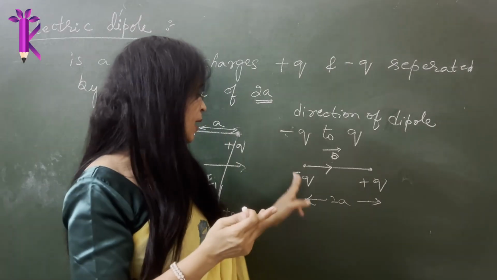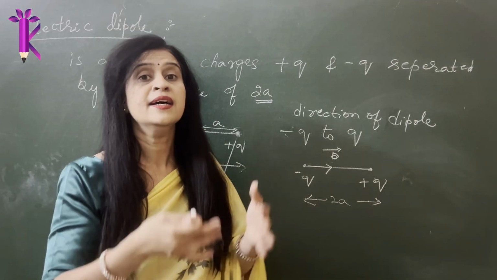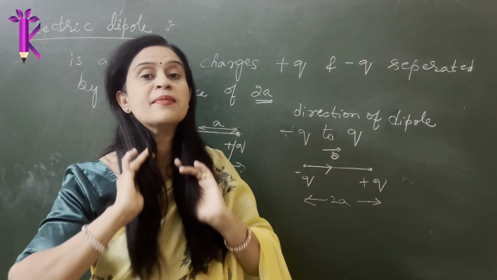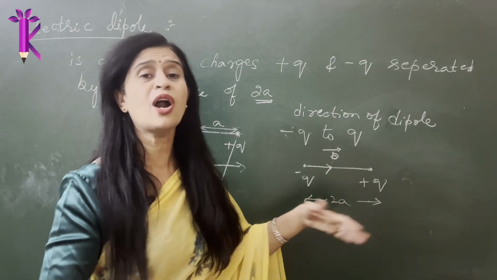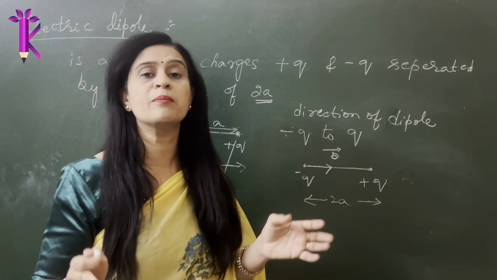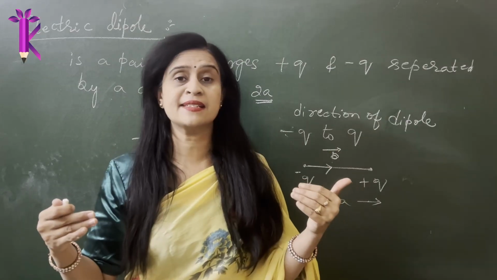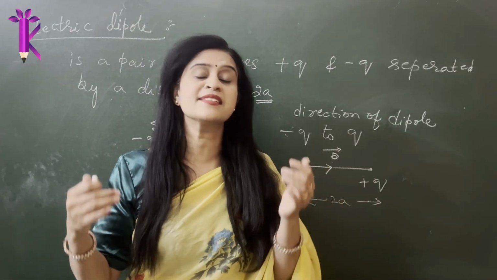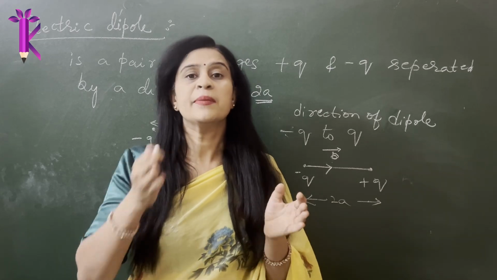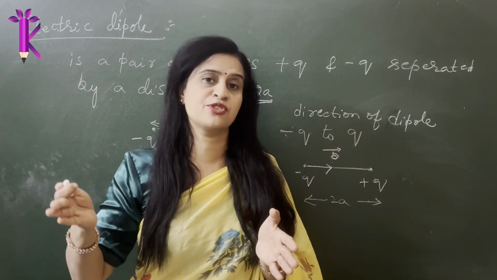If the center of the negative charge and the center of the positive charge collide with each other, you would not call such a system a dipole in the first place, because a dipole by definition is a combination of two charges minus Q and plus Q separated by a certain distance. And what is that certain distance? That distance is 2A, because A is the distance from the center of the dipole to each individual charge.